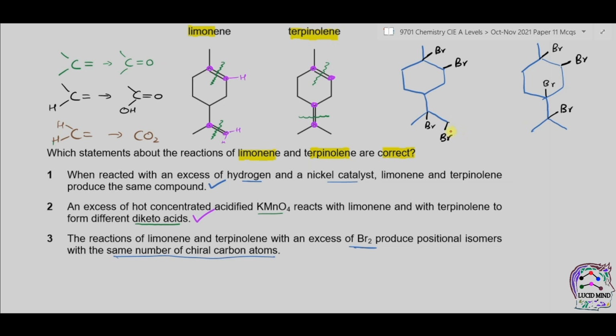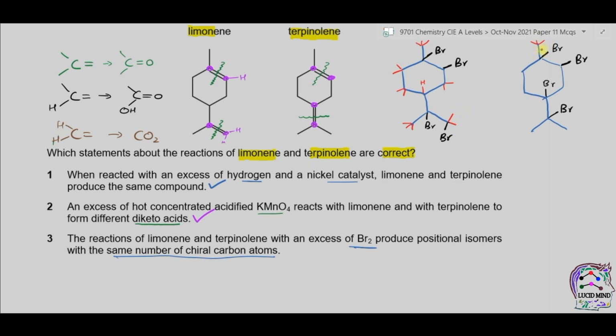Now let's look at the chiral carbons. Let's first draw hydrogen atoms. We have 3 hydrogens present with this carbon. No hydrogen is present on this carbon. 2 on this, 2 on this, 2 on this. 1 hydrogen atom on this carbon. 3 hydrogen atoms with this carbon. 2 hydrogen atoms with this carbon.